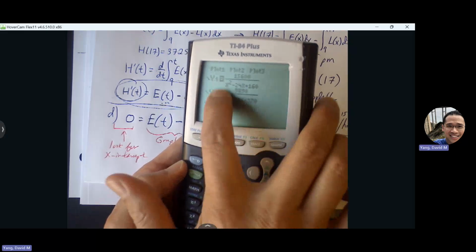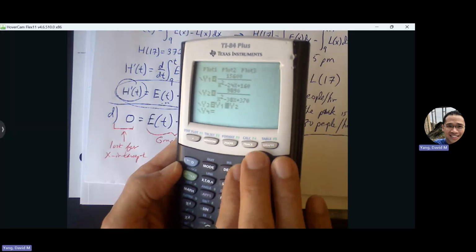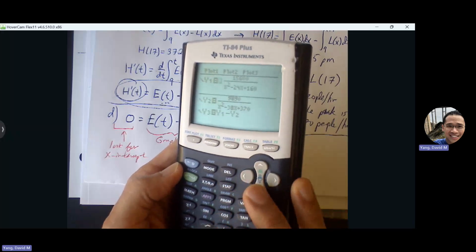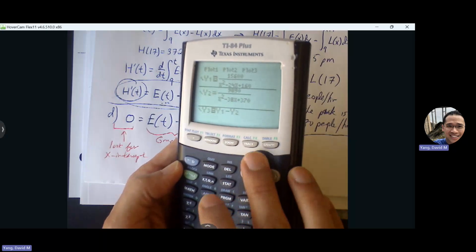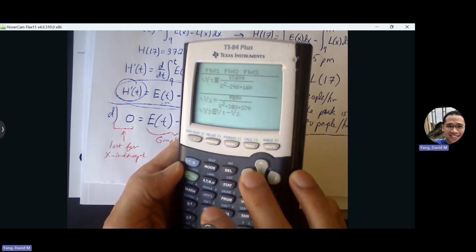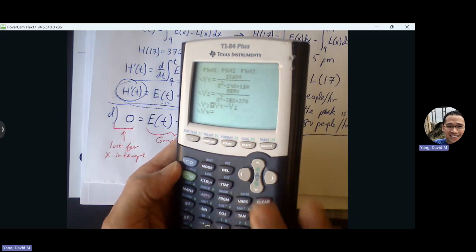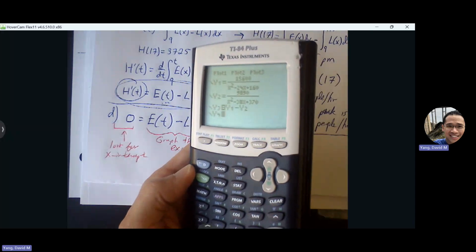I want to graph this, but I don't want to look at all these other graphs as well. So you can go to the equal sign and unhighlight it by hitting enter. If you hit enter at the equal sign, it will still remain in the calculator, but it will not graph. You don't have to look at competing graphs to figure out what you're looking at. So I'm just going to graph y1 minus y2.